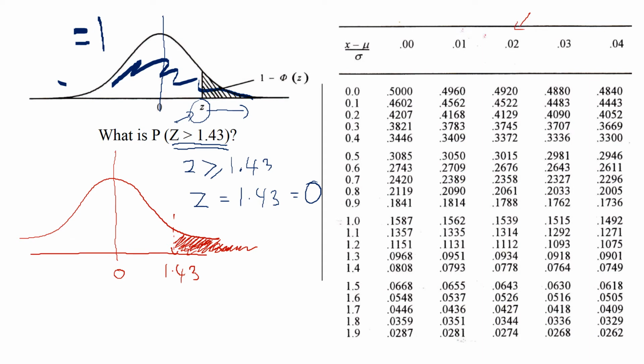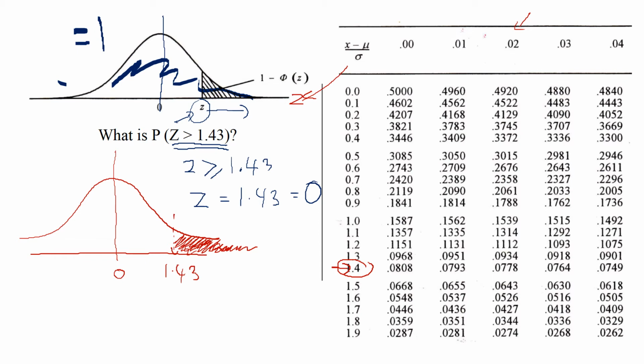This particular type of table gives the area to the right under the curve, so if we go down here, this is Z. We find 1.4 here, which is the first decimal place of Z, and then the second decimal place is given across this top.